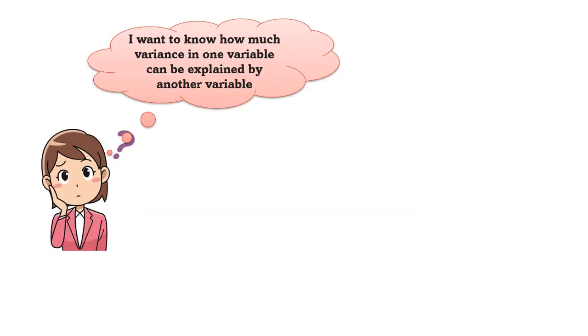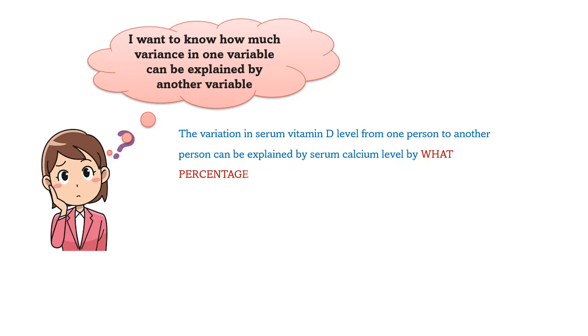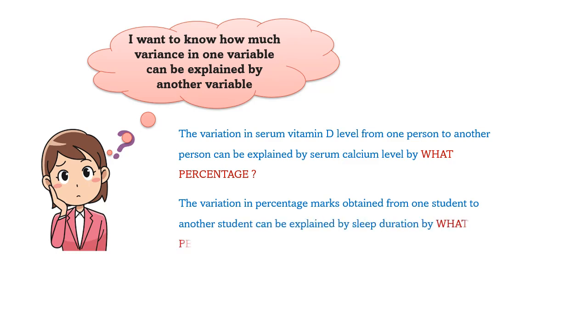But if I want to know how much variance in one variable can be explained by another variable, so the variation in serum vitamin D level from one person to another can be explained by the serum calcium level by what percentage? Similarly, the variation in the percentage of marks obtained from one student to another can be explained by sleep duration by what percentage?